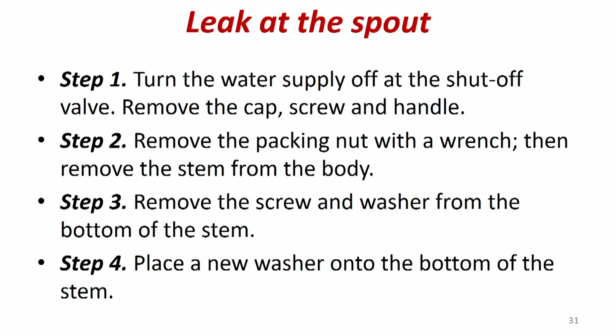Remove the screw and the washer, and place a new washer on the bottom of the stem. Earlier the washer was inside, and here it is the spout where the leakage is occurring.